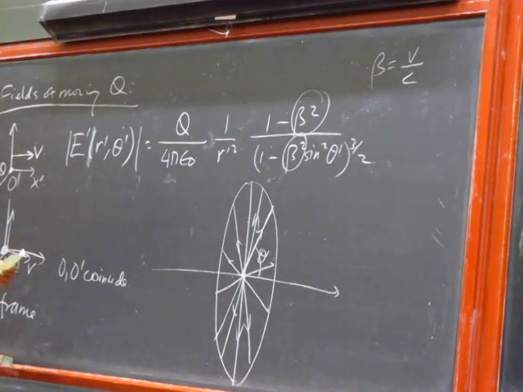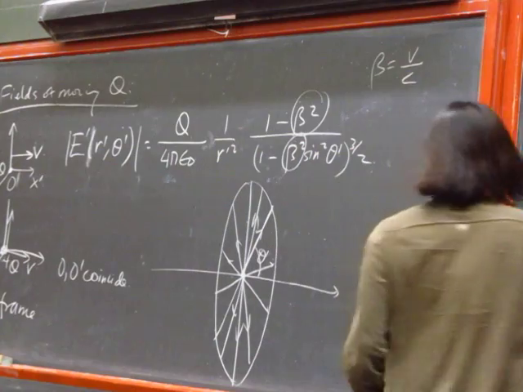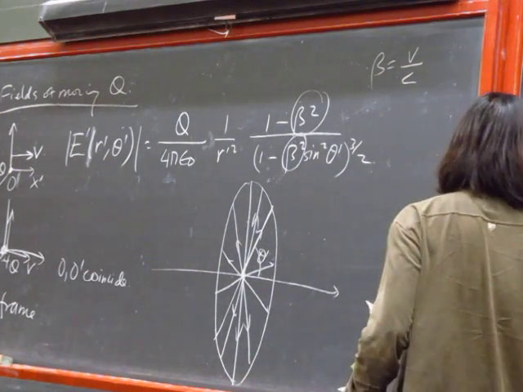Okay? And also, I know in relativity you have to be careful about time, right? But here in this case, after all said and done in the analysis, this is actually instantaneous.